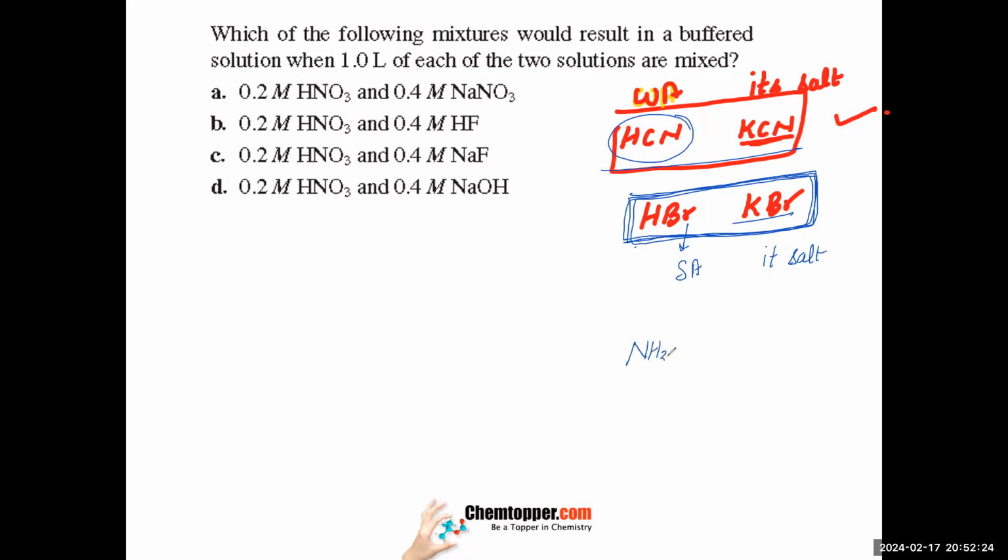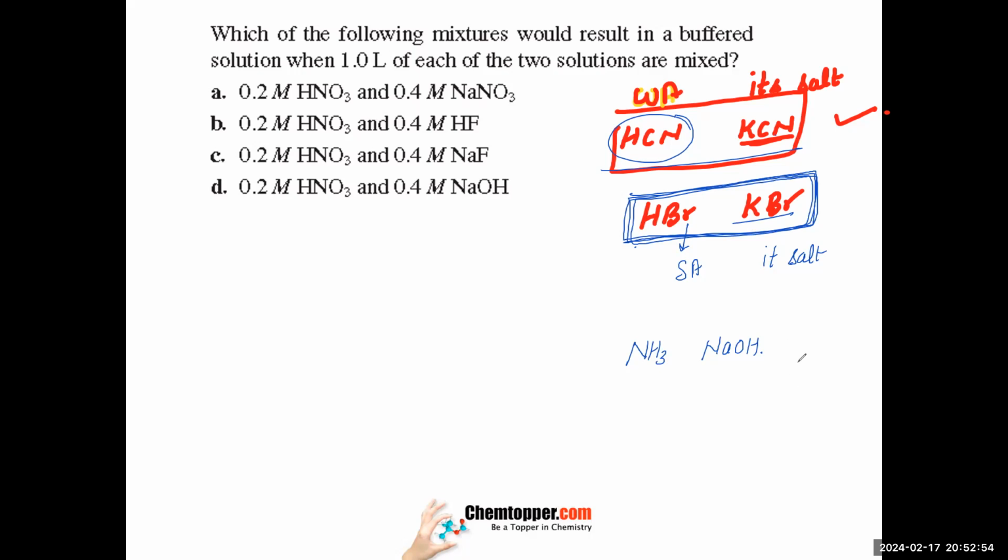Ammonia with NaOH, is it a buffer? No, it's not a buffer.